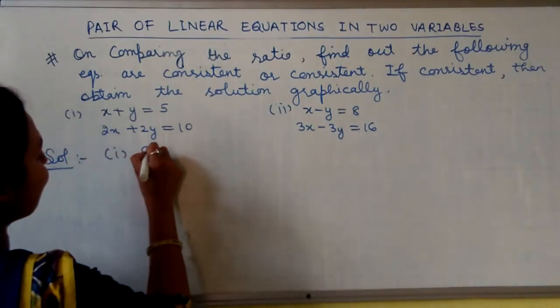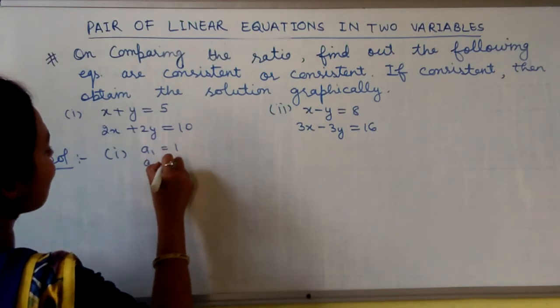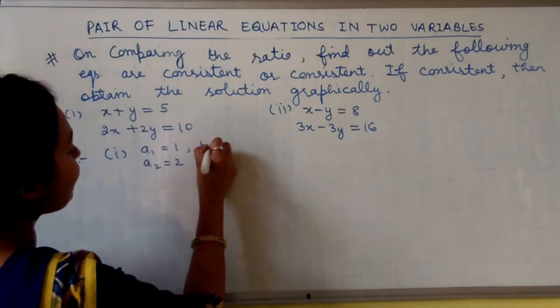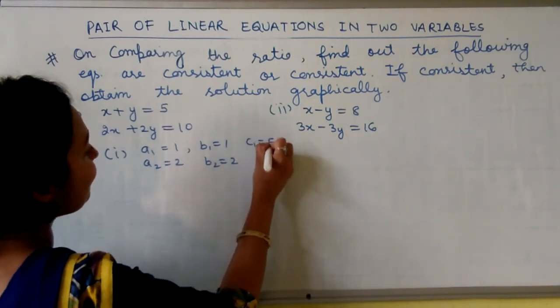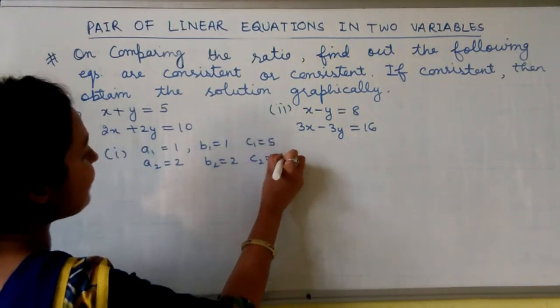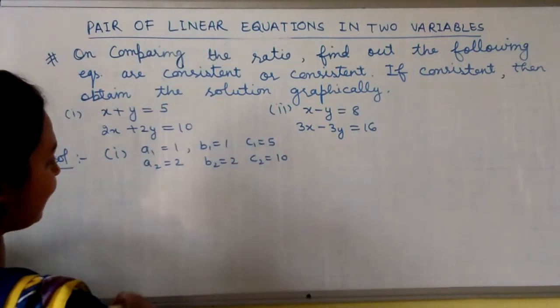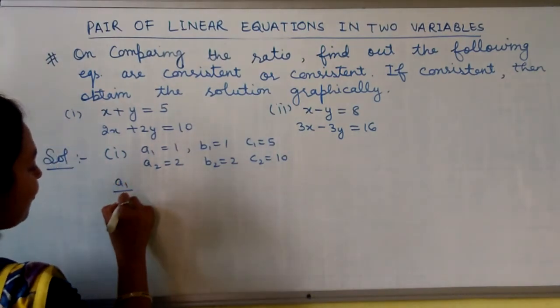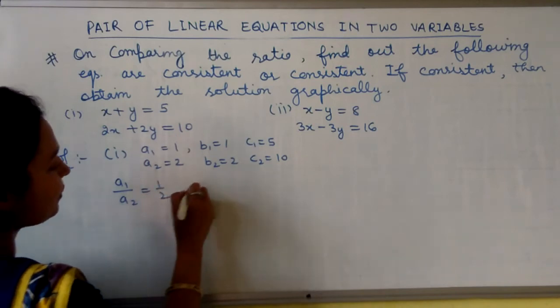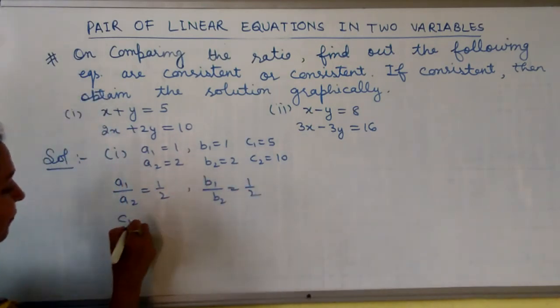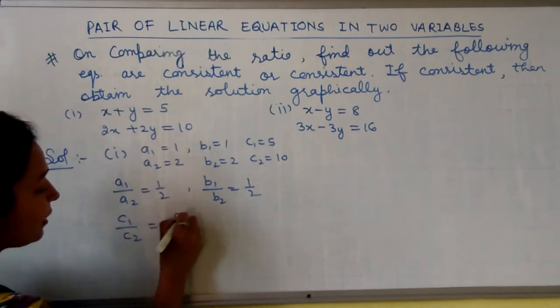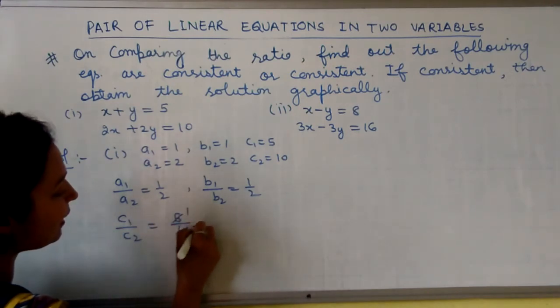First, a1 is equal to 1, a2 equals 2, b1 equals 1, b2 equals 2, c1 equals 5 and c2 equals 10. I will check by taking the division. a1 upon a2 is 1 by 2, b1 upon b2 is 1 by 2, and c1 upon c2 is again 1 by 2.